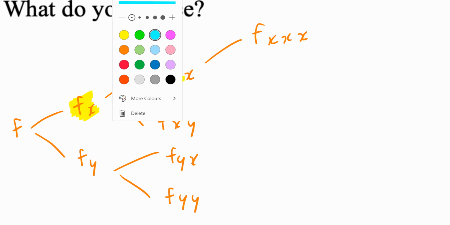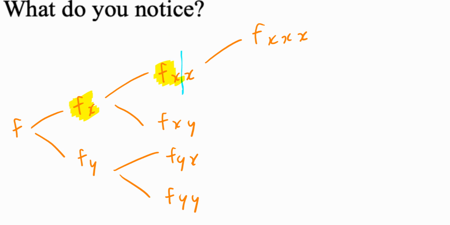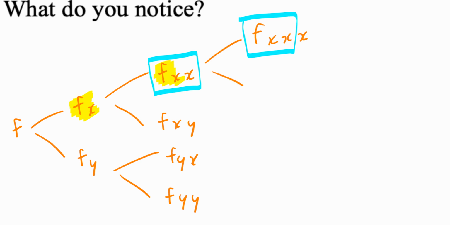Now again, following this idea, fxxx means I take the derivative of fxx with respect to x. Same idea, you could have also taken fxxy, and likewise, the same thing.